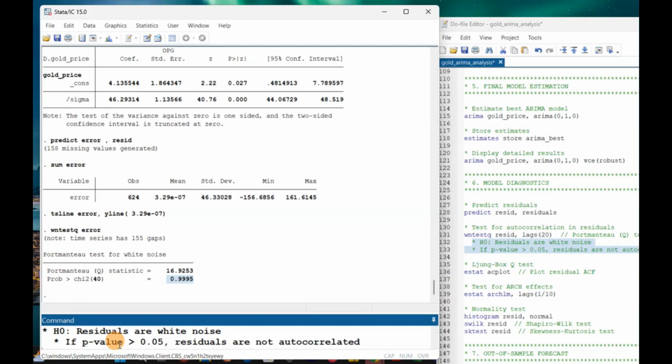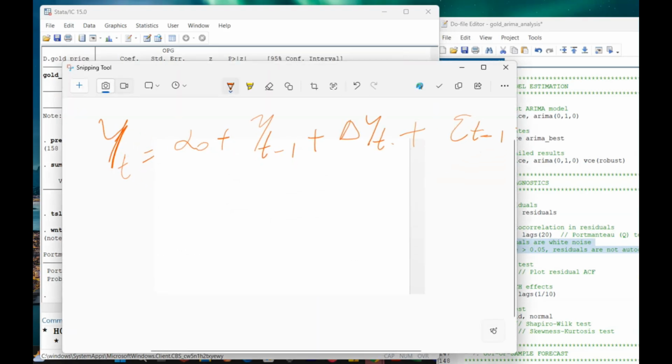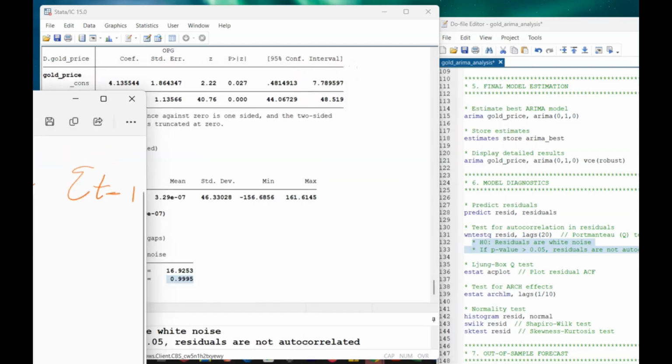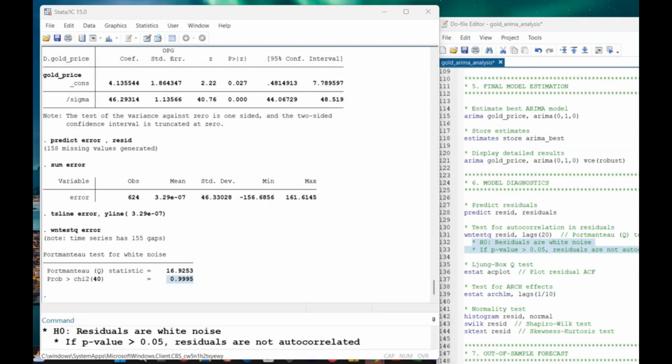Second, multicollinearity, but for the univariate case it does not apply. The third assumption, heteroscedasticity: we can see in the white noise that the variances are stable. The fourth one, serial correlation: the white noise is stable.